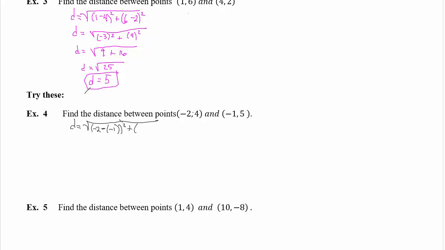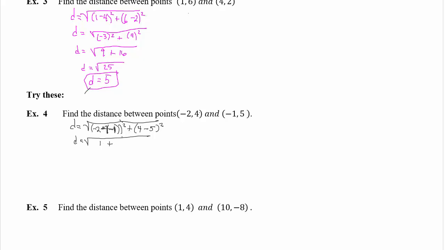Plus 4 is our first y, minus 5 squared. D equals the square root of, well, minus negative 1, that just becomes a plus 1. So negative 2 plus 1 is really 1.